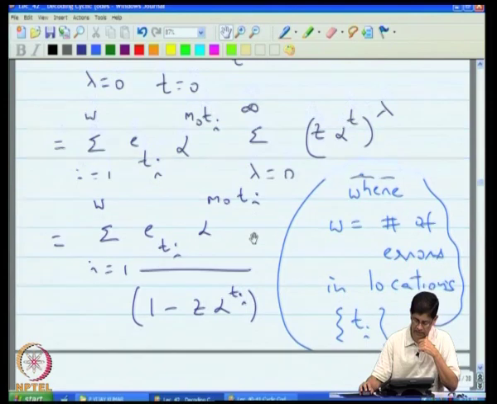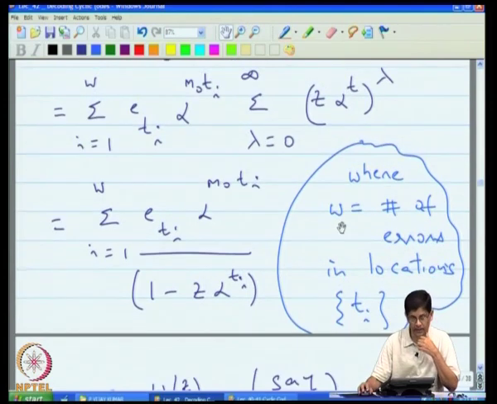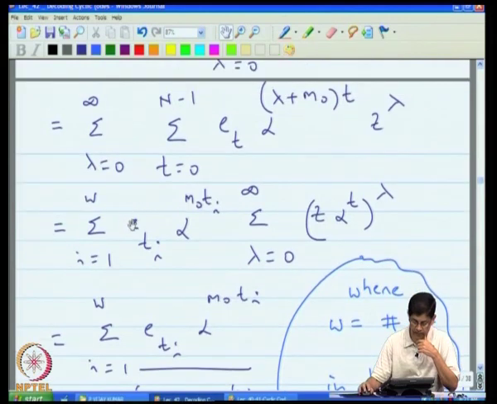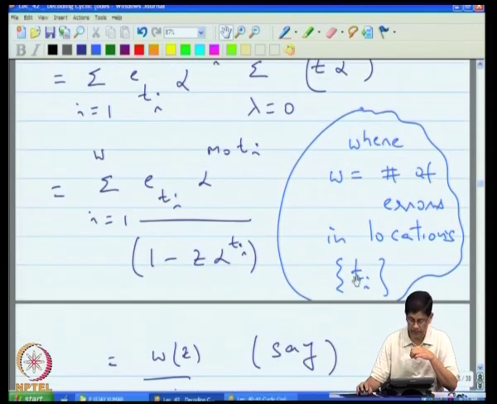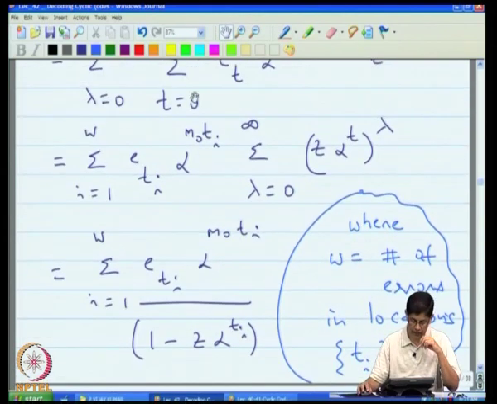First of all, I am going to assume that w is the number of errors, which means that the number of symbols of the form E sub t which are non-zero is w. And furthermore, we will assume that the subscripts t for which E of t is non-zero are the ti. So, E of ti is non-zero for i ranging from 1 to w. Now, all the others are 0.